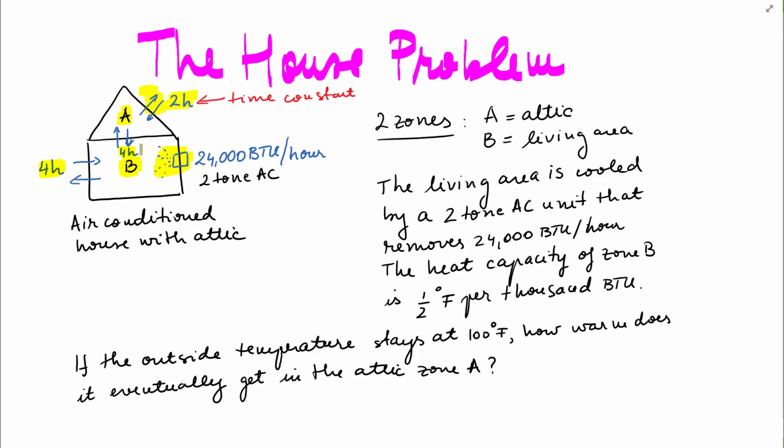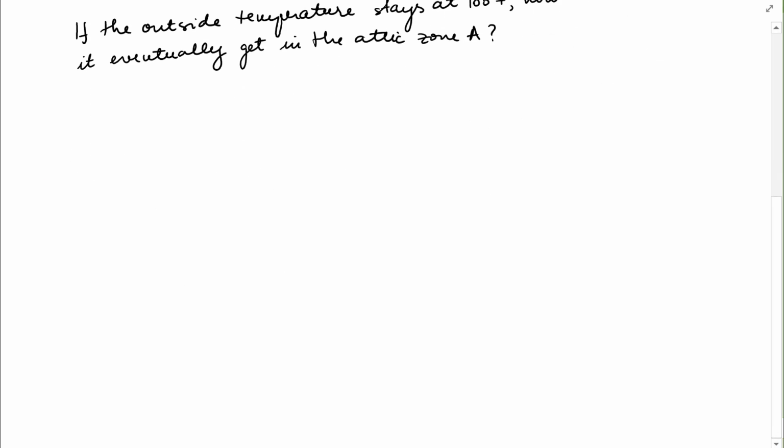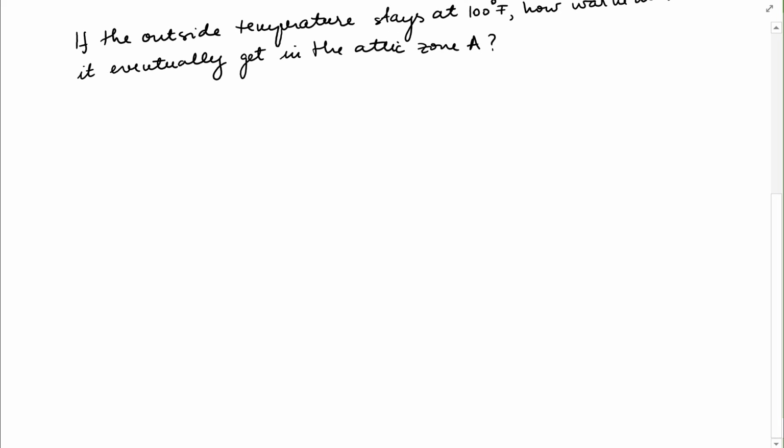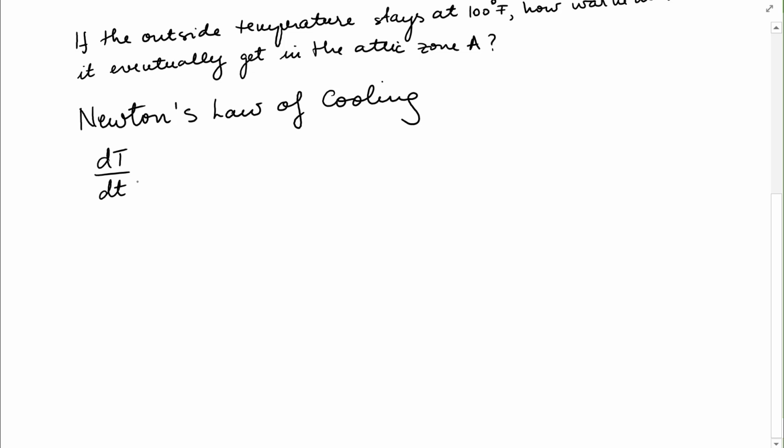So how are we going to set up the system of equations? First of all, let's remember Newton's law of cooling, which says the derivative of temperature with respect to time, the rate of change in temperature, is equal to K times M minus T, where K is a constant.